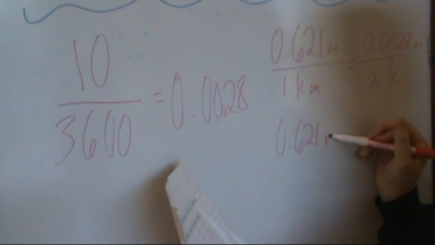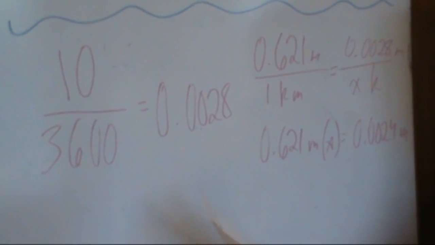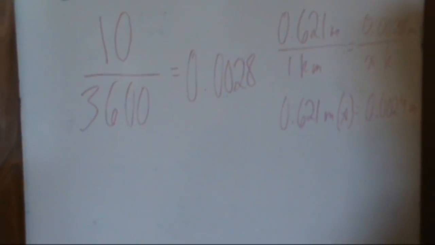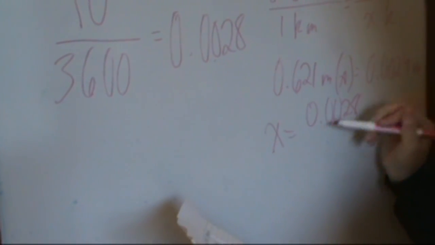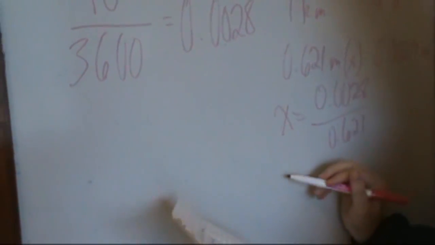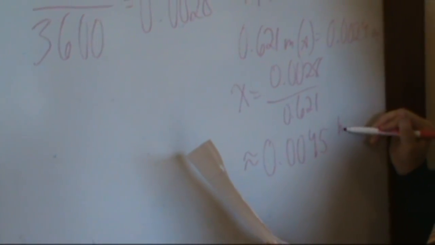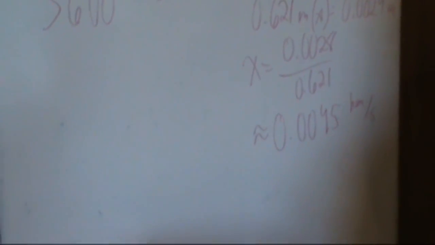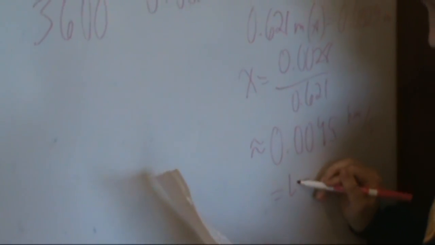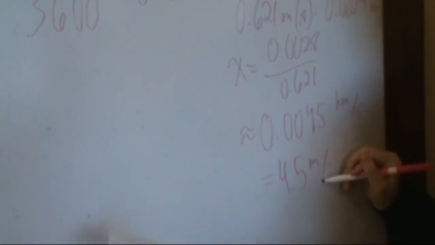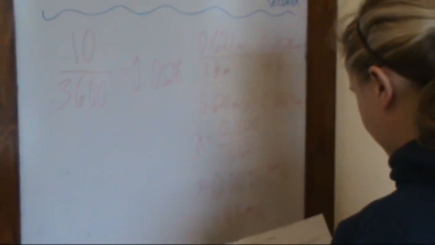So we're just using a proportion to find how many kilometers per second it is. There's about 0.0045 kilometers per second, and then we have to change that to meters per second. There's 1,000 meters in 1 kilometer, so it's 4.5 meters per second. So when the car is traveling at 10 miles per hour, it's traveling at 4.5 meters per second.